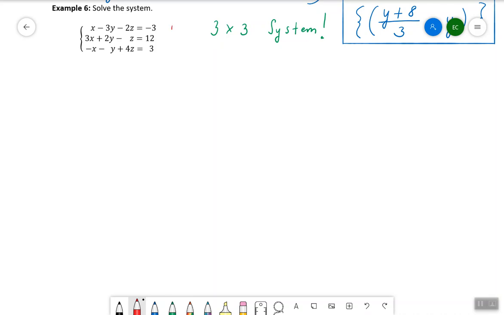The first thing I'd like to do is just number off the equations so that when I'm referring to them, I can refer to them by their number. And then step 1 is to choose any two equations and eliminate the variable of your choice.